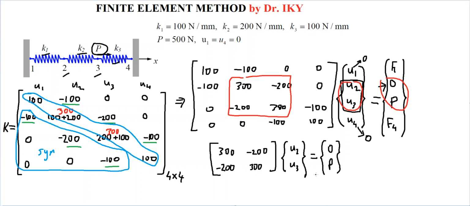And if you solve this one, again, two unknowns and two equations, we already know the value of p. So you will have a solution u2, u3 equal to p over 250 and 3p over 500.